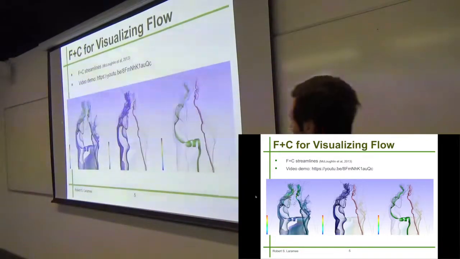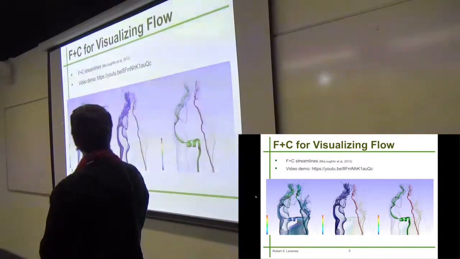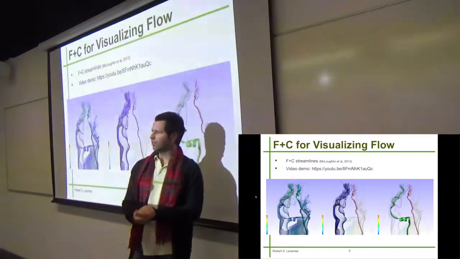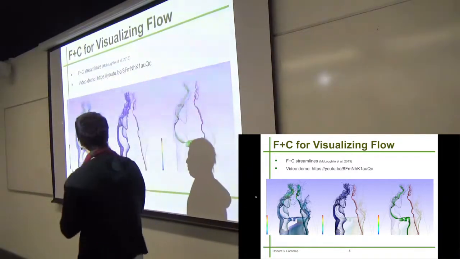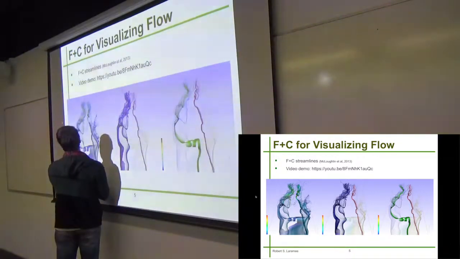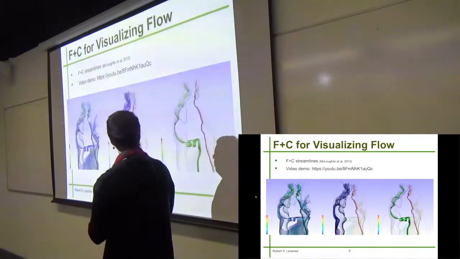Here's another one. This is a little preview. Focus and context flow visualization. Flow visualization is the study of fluid motion, which is a vector field. And streamlines are very commonly used. This is a set of streamlines. Streamlines are curves that are everywhere tangent to the vector field.